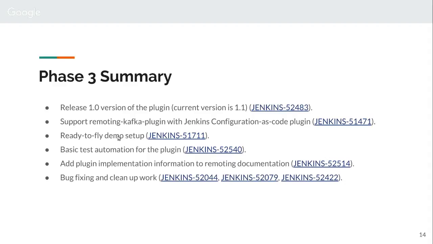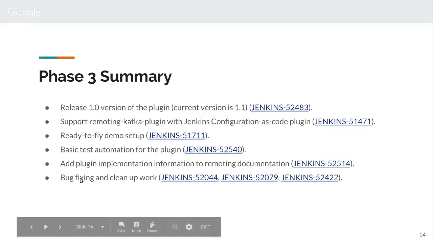We also received some feedback from the community through Twitter or email. Another thing is test automation as well as documentation, where I updated the routing documentation for the plugin implementation. There is bug fixing and cleanup work in this phase also, and it's continuous work.